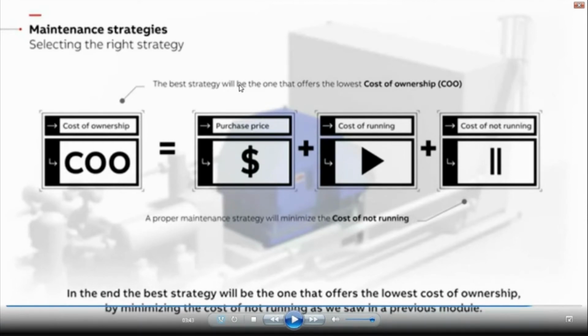So ABB is the OEM, the original equipment manufacturer, for all such drives, and there is a particular strategy planned for the ownership of all by minimizing the cost of not running.